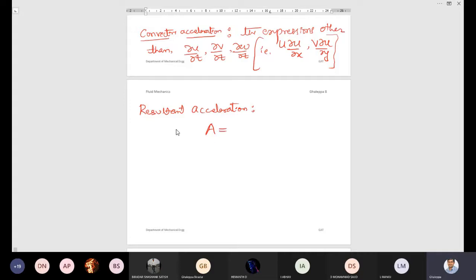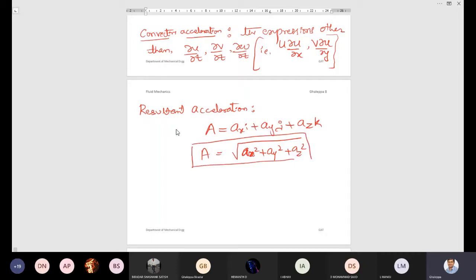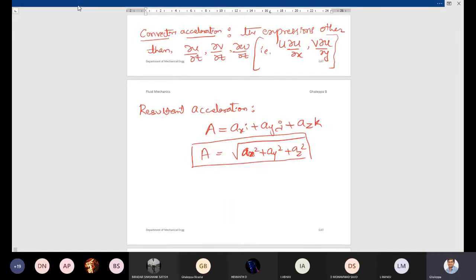The resultant acceleration is ax i plus ay j plus az k, because acceleration is also a vector. So the square root of ax square plus ay square plus az square is the resultant acceleration. Keep in mind, it will help you for solving numericals.